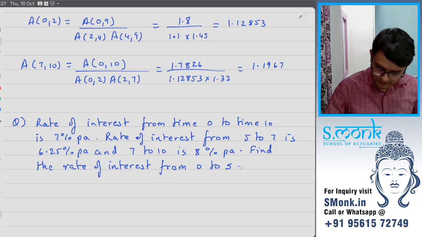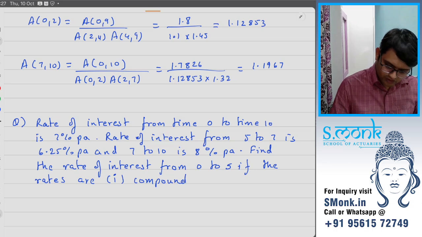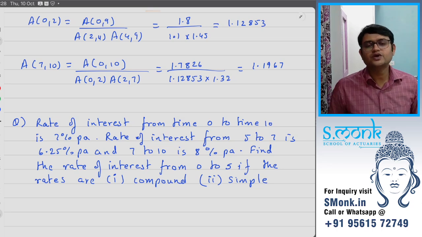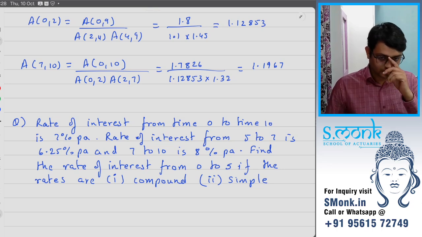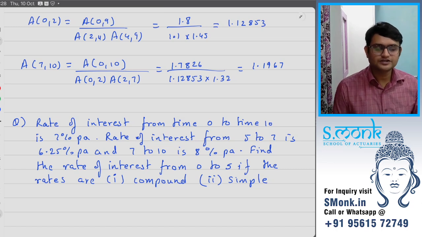But let's say if the rates are first compound and second simple, we'll solve for both because we need to understand what's happening here. First we'll solve for compound interest and then we'll solve for simple interest.